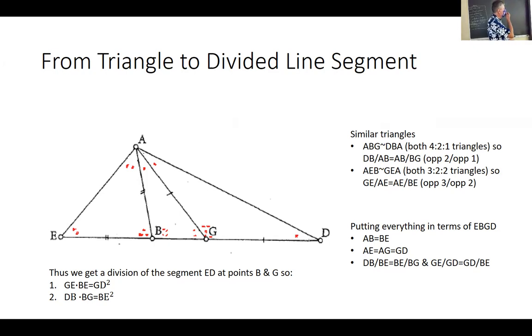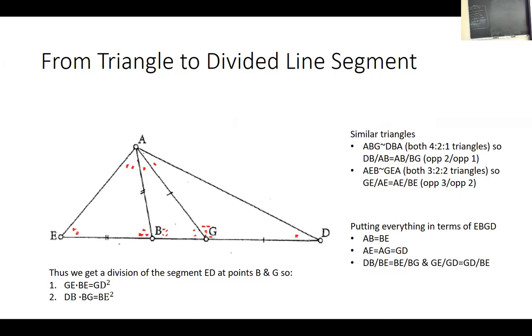Okay, now what we want to do next is put everything in terms of this line segment EBGD. So instead of AB, let's talk about BE, because AB and BE are the same length. And instead of AE, well, that's going to be the same as AG, right? Because that's an isosceles triangle there. But AG is the same as GD.